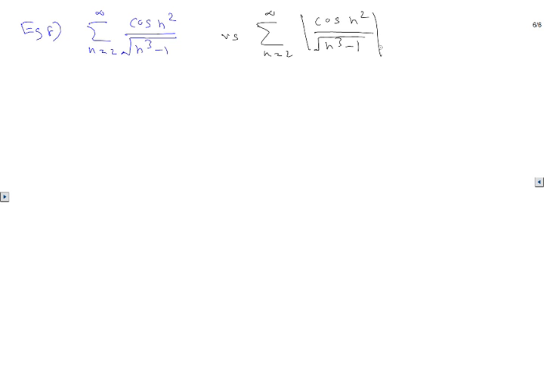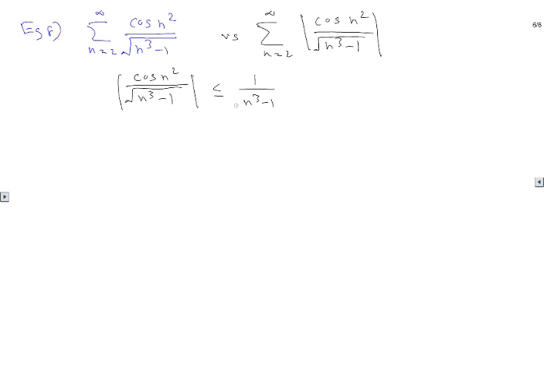If you look at the absolute terms, we know that cosine is always between negative 1 and 1, so this part has to be less than or equal to 1 over the square root of n cubed minus 1.